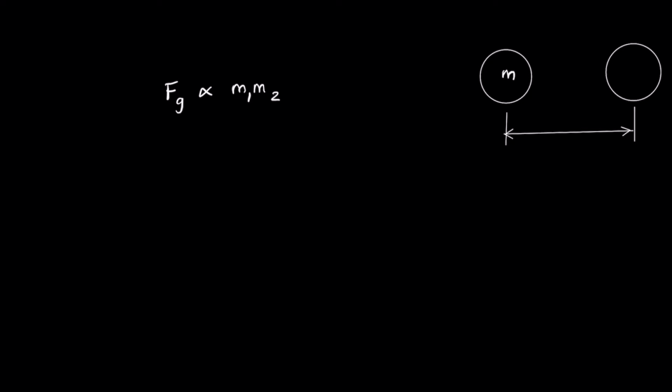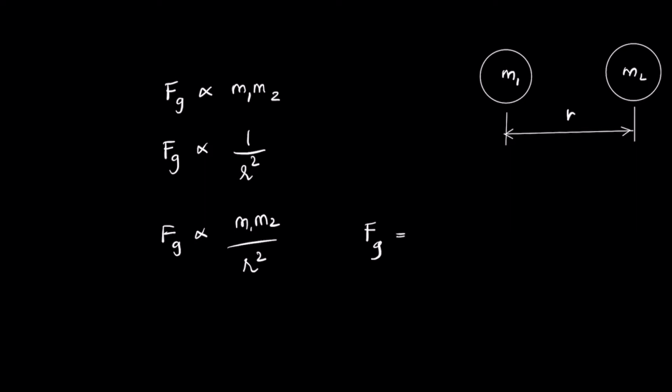Newton's law of gravity states that the force of gravitation is proportional to the product of the masses, and inversely proportional to the square of the distance between them. Combining these two, we get Fg proportional to m1 m2 by r squared. Removing the proportionality, you get Fg equals G m1 m2 by r squared, where G is called the universal gravitational constant.